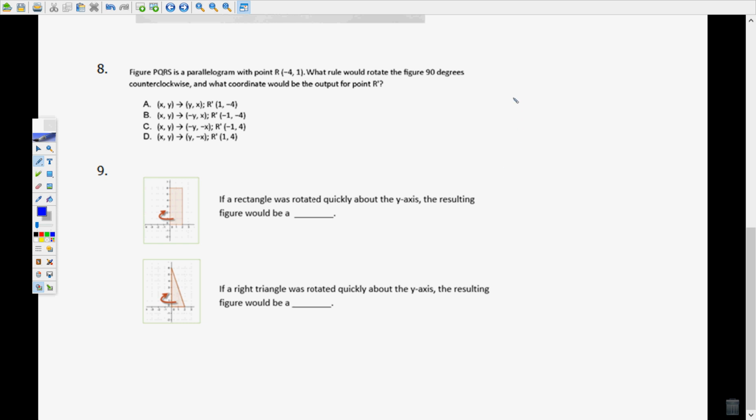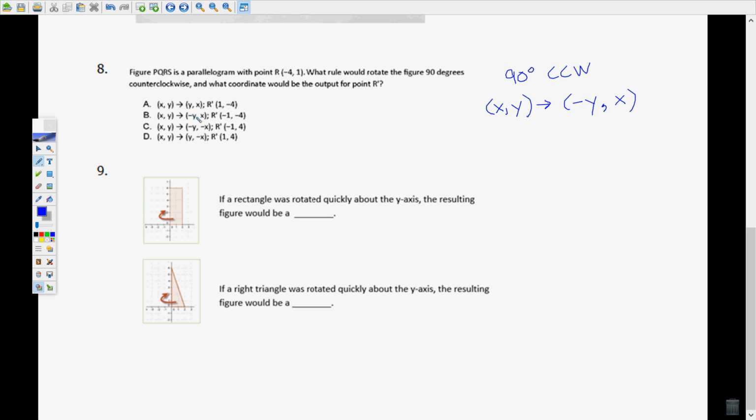Now the shortcut for the rotation 90 degrees counterclockwise is: your original (x, y) now becomes this. The y comes forward to your x and becomes the opposite, and your x now goes in your y spot. That's 90 degrees counterclockwise. That is the shortcut to remember for that rotation.